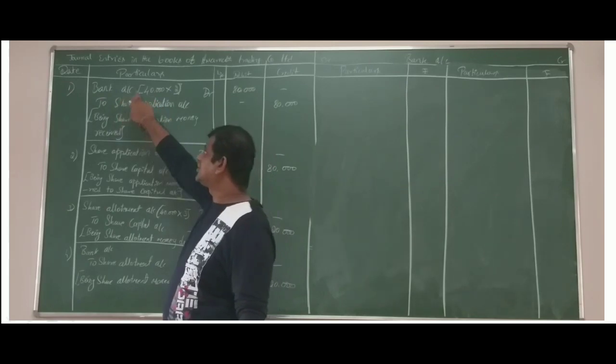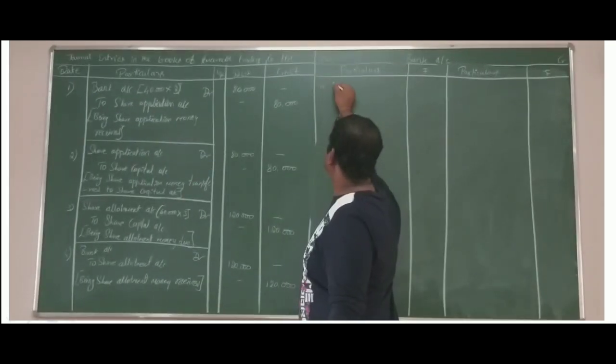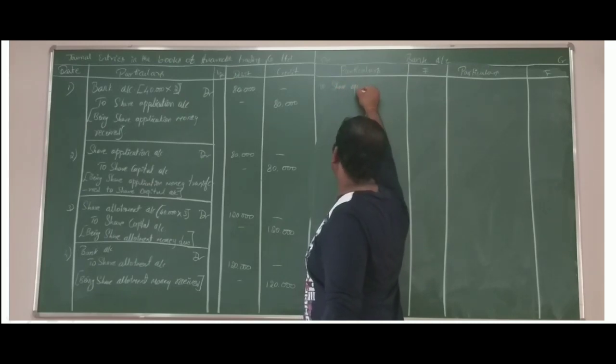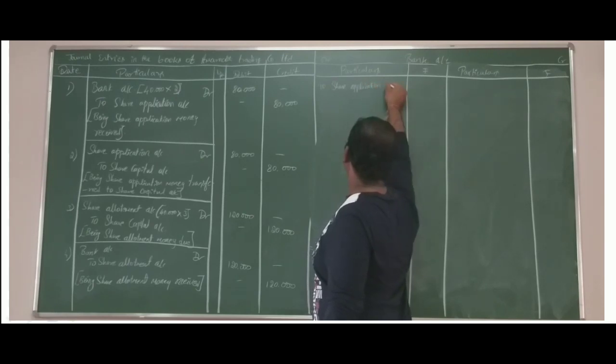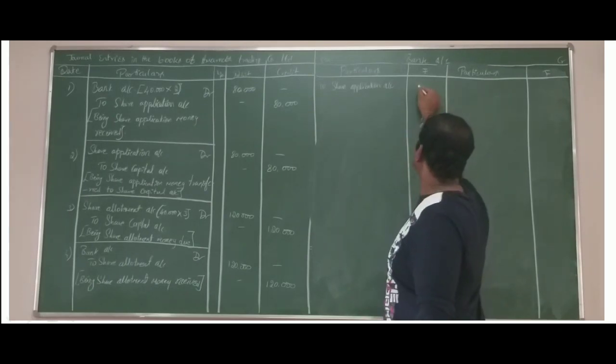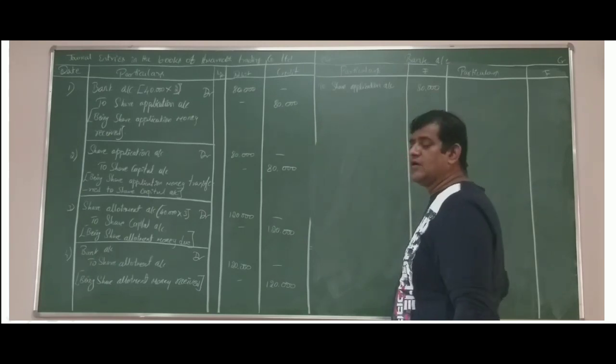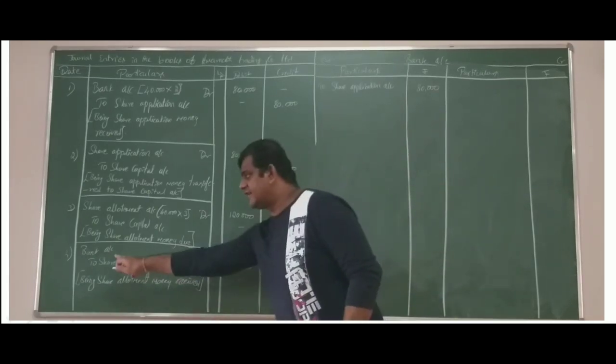So the first transaction is bank account. So I am taking that to share application account. For application, how much have I received? 80,000 rupees. Correct? Bank account 80,000. Now, for allotment, how much have I received?